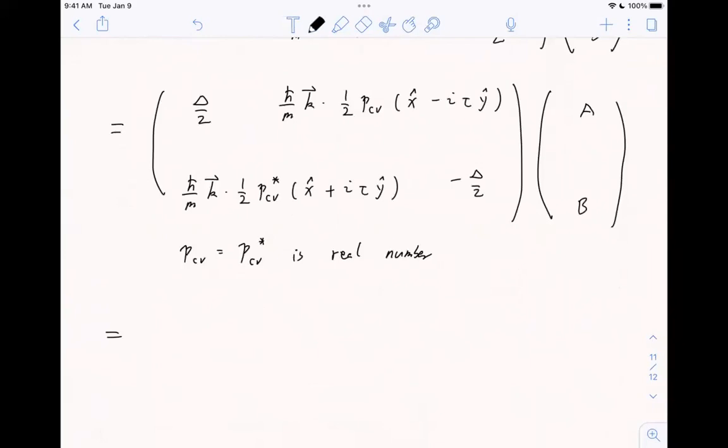Now we get H bar over 2M, PCV, K dot this, this is KX, KX, and then minus i tau KY.